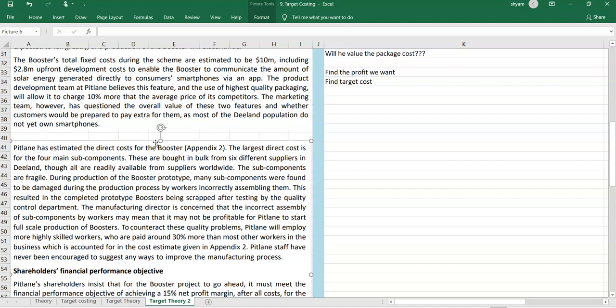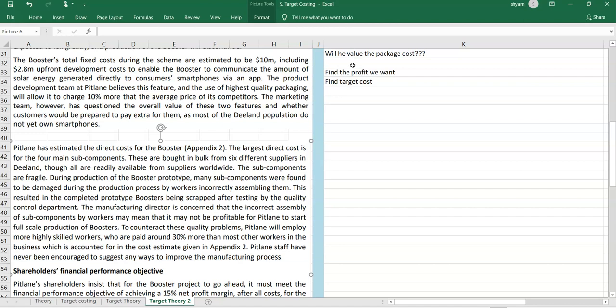So they have found out the direct cost for this product, and it's given in appendix 2. Let's see the largest direct cost. So if you see here, there are many subcomponents. These subcomponents are bought from 6 different suppliers.